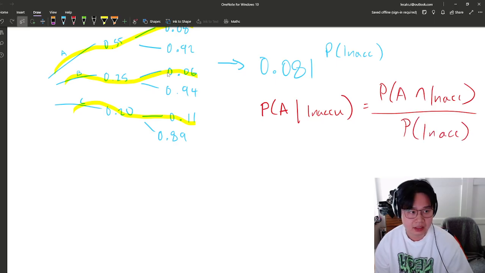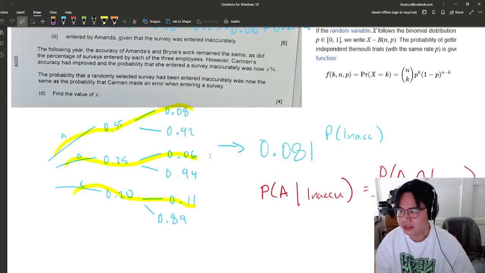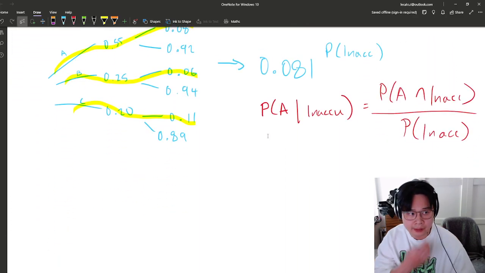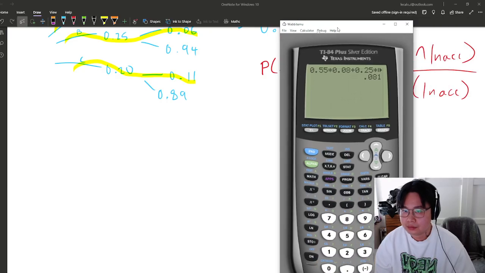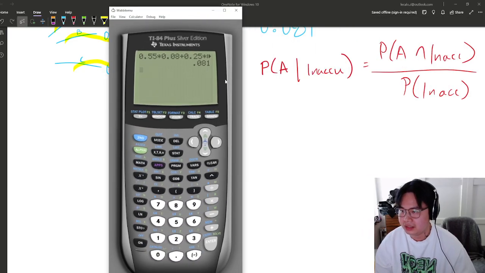Okay, luckily we have those values and are calculatable. So I'm gonna divide Amanda being inaccurate by this, and then take the reciprocal.